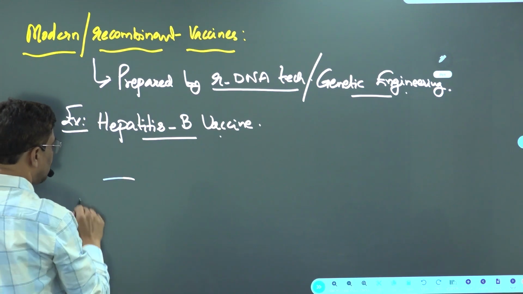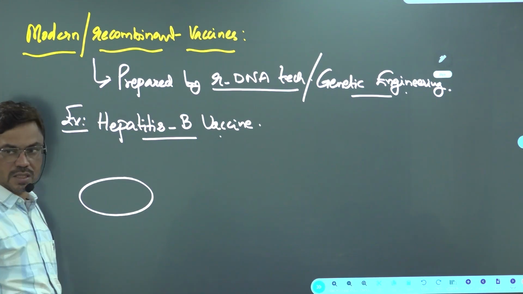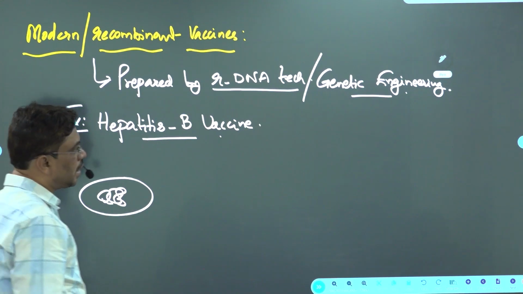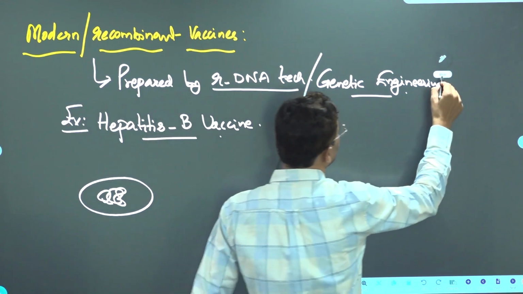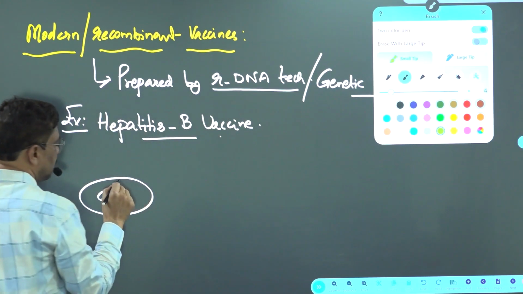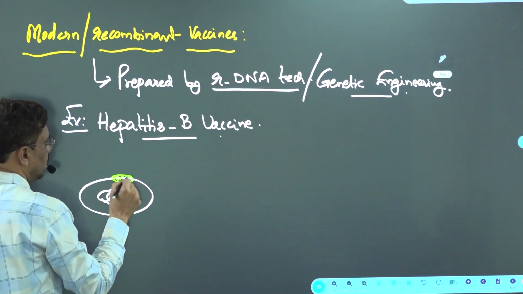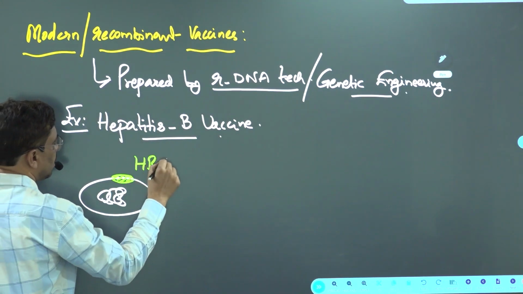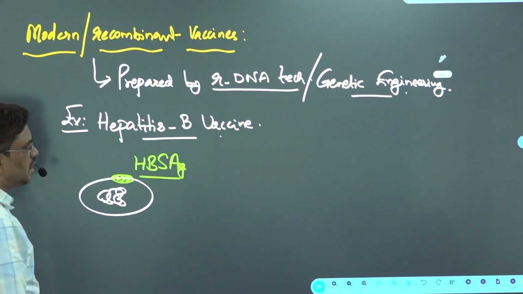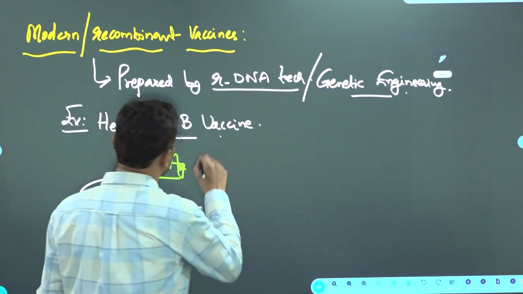Suppose this is the hepatitis B virus, and it contains genetic material. This hepatitis B virus releases a protein called HBsAg, hepatitis B surface antigen.